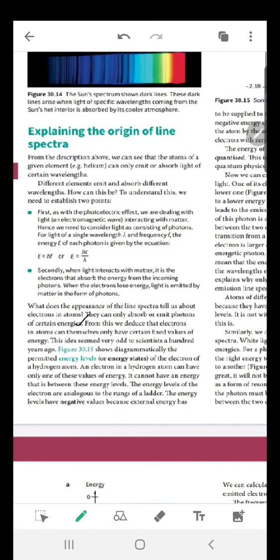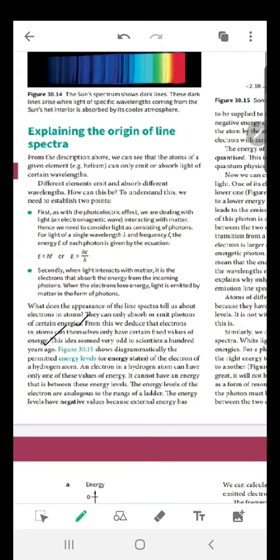From this we deduce that electrons in atoms can themselves only have certain fixed values of energies. Yes, each atom has its fixed amount of energy, and this is the reason one element is different from another element. This idea seemed very odd to scientists 100 years ago. And there is a diagram over here which we just saw.